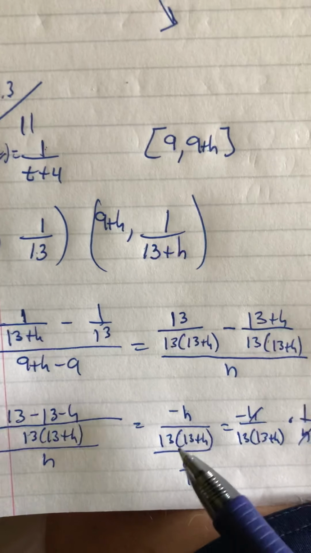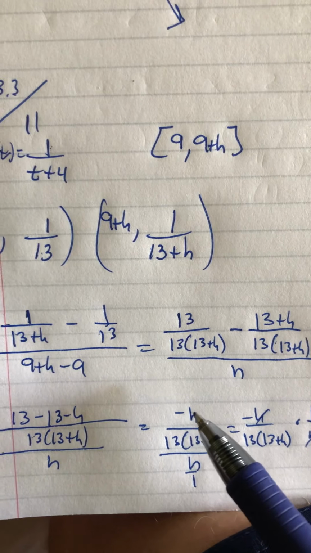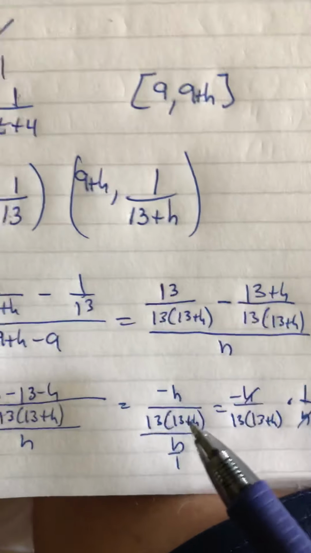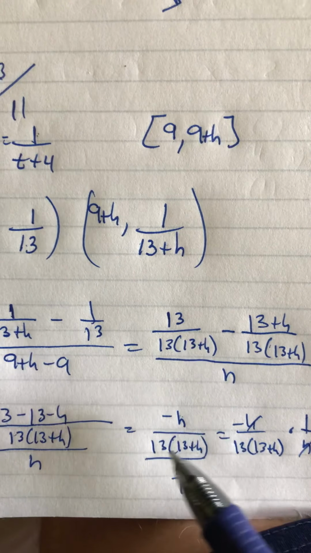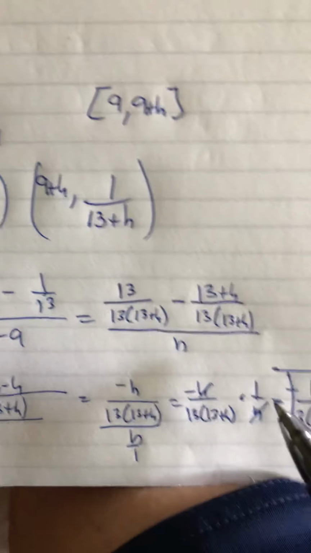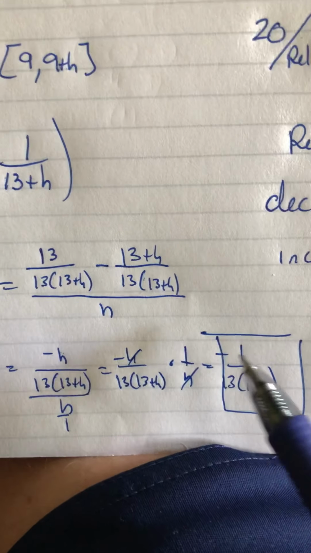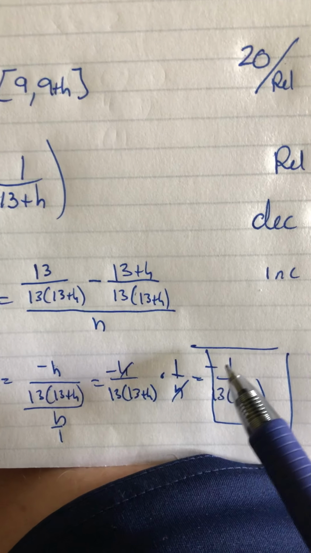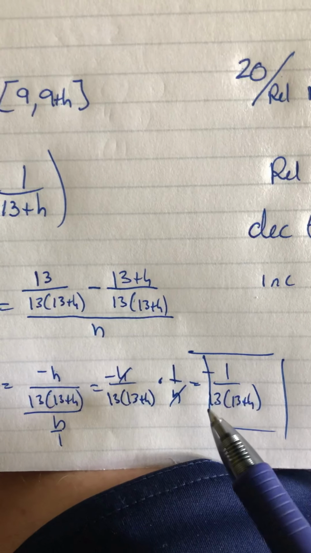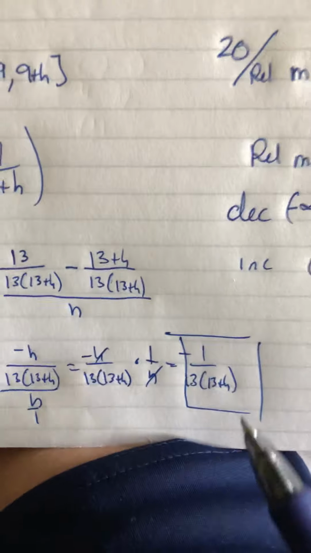Well, really, this is h over 1, and it's a copy dot flip situation. So we copy the top fraction, and we flip the second fraction, and we multiply. Well, our h's cancel, and you're left with negative 1 over 13 times 13 plus h.